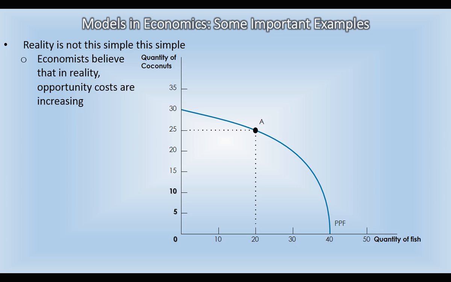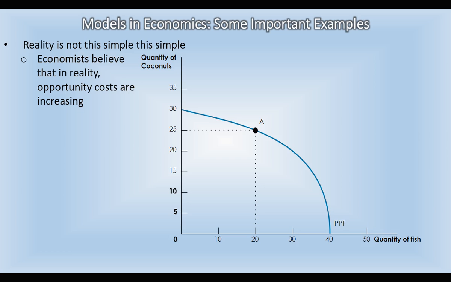People that were producing coconuts have to be retrained, and they have to learn how to fish. And machines that were meant to help refine the coconut into whatever it is that makes it palatable for consumption now need to be repurposed to maybe clean fish or whatever it is that you do to produce fish. And so as you are increasing the amount of fish that you are consuming, the opportunity cost in coconuts is actually increasing.